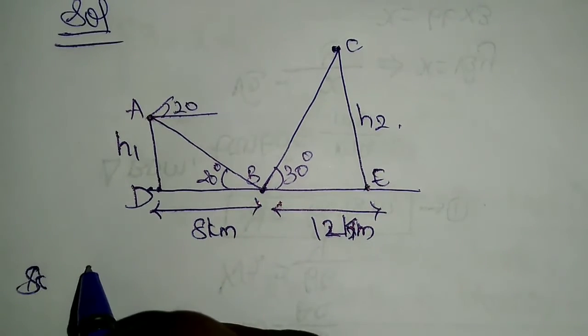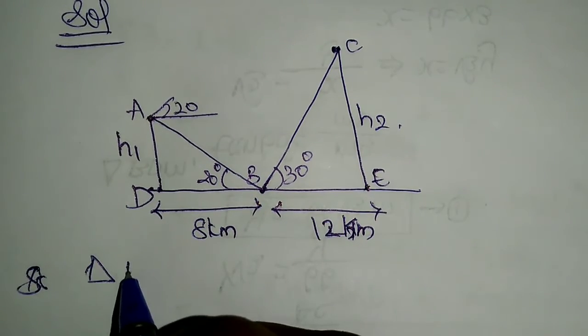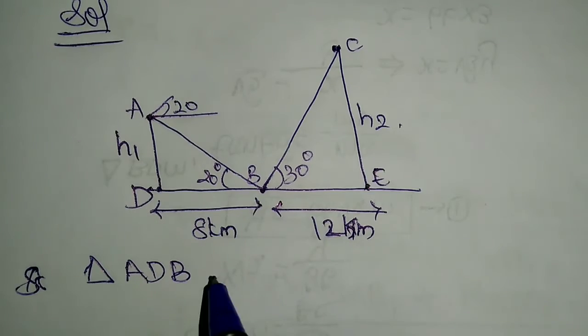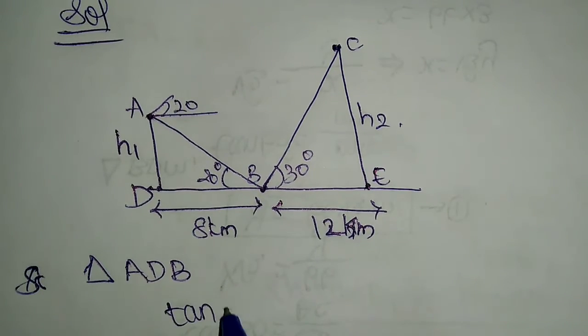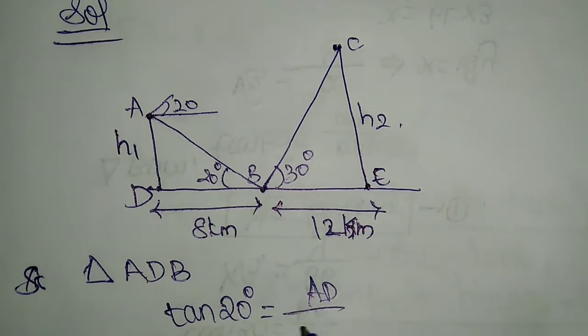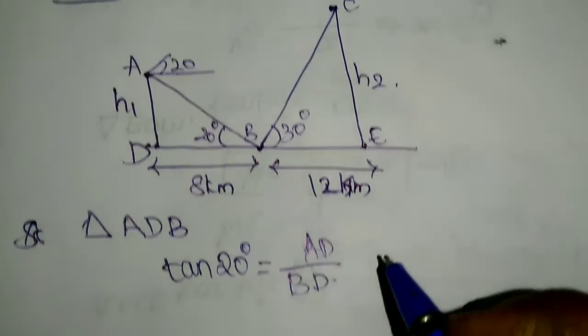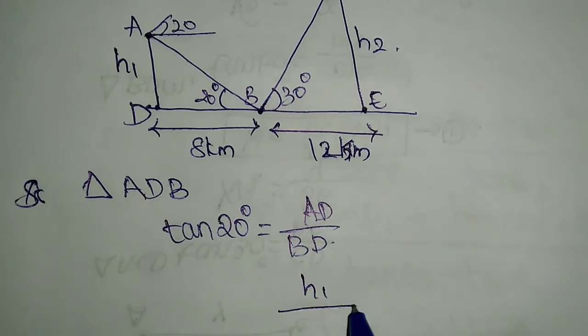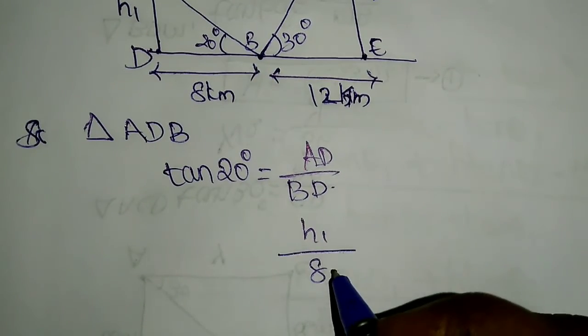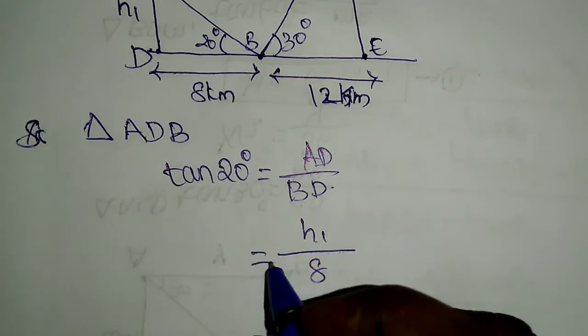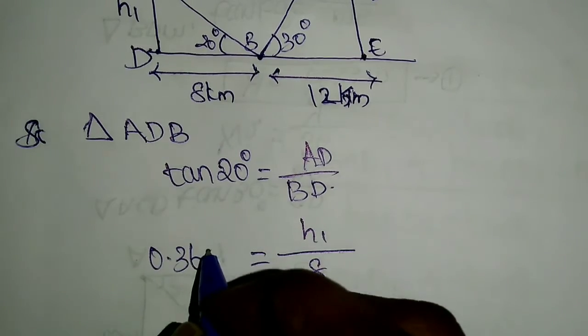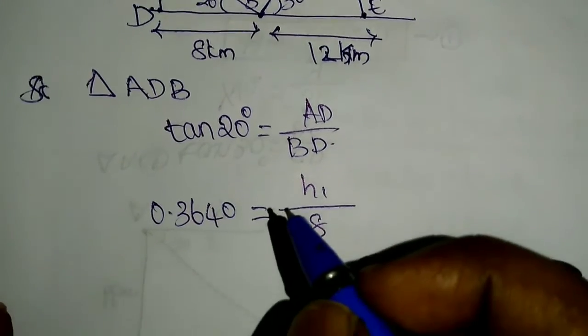Solution. From the triangle ADB we get tan 20 degree is equal to AD divided by BD. Okay. Here AD is H1 divided by BD is 8 km. Okay. So tan 20 is 0.3640. Okay.